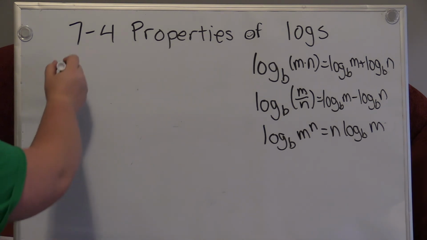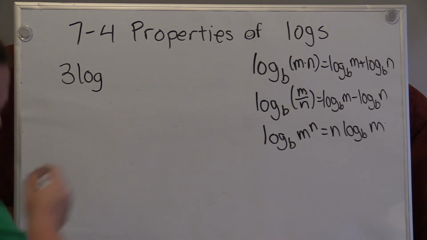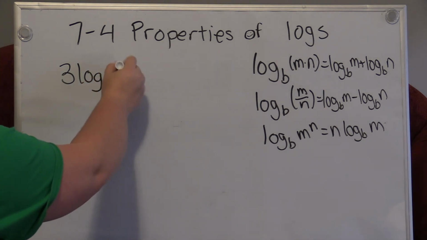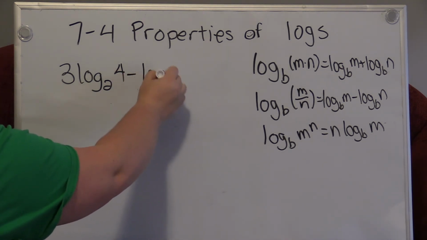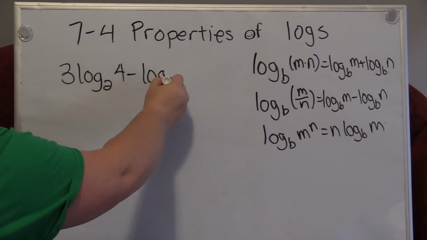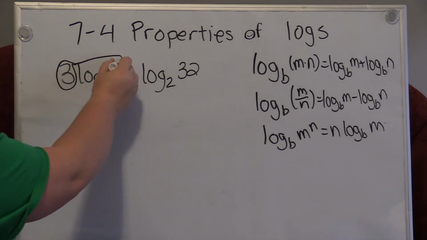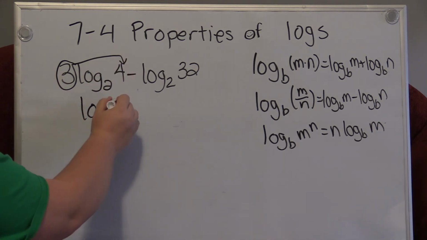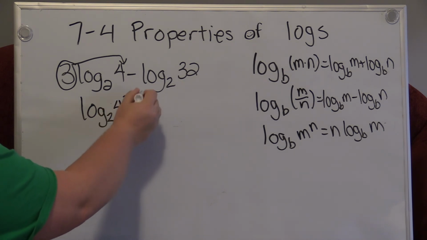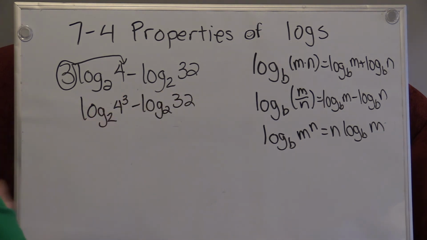So then I have 3 log base 2 of 4 minus the log base 2 of 32. So this exponent goes up top. So I get log base 2 of 4 to the third minus log base 2 of 32.